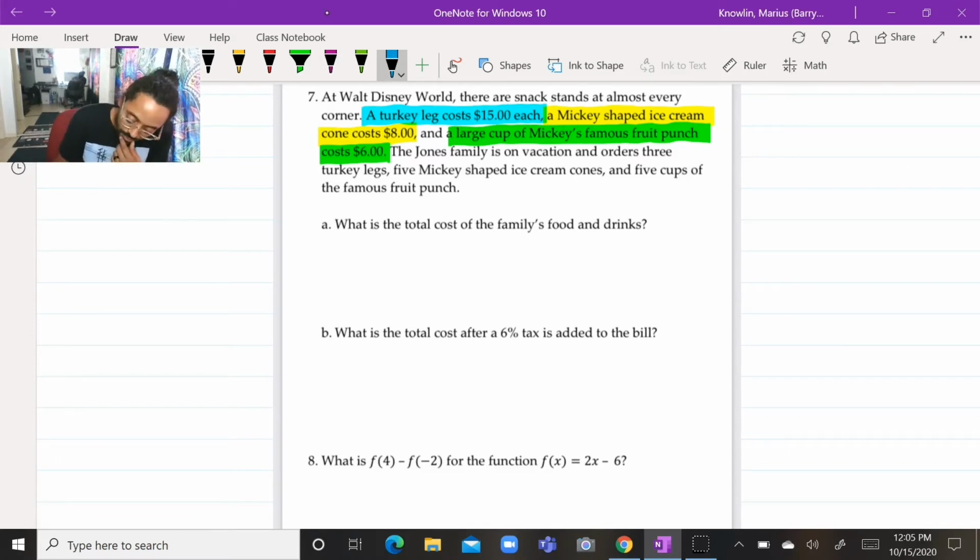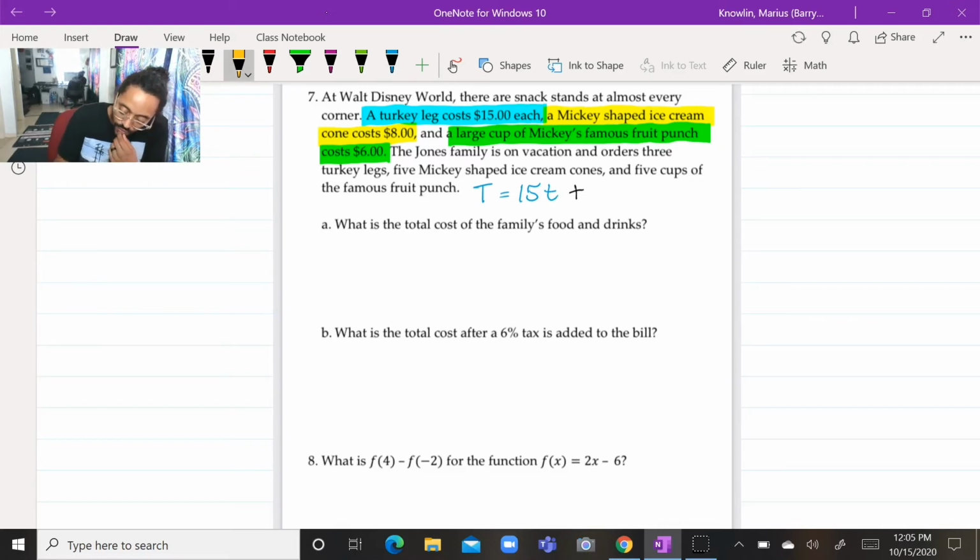So our equation could look like this: total cost equals 15T plus Mickey-shaped ice cream cones. I'll write that in yellow.